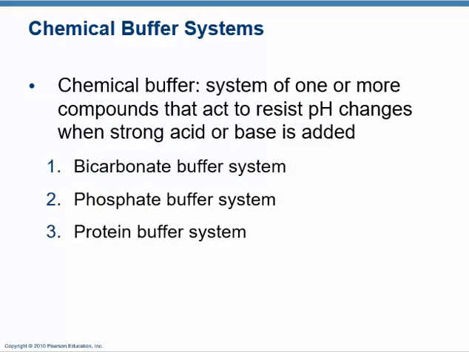So there are these chemical buffer systems, and they resist change when a strong acid or base is added. In the extracellular compartment, the bicarbonate buffer system is the most important one. In the intracellular space, the phosphate and the protein buffer systems are more important.